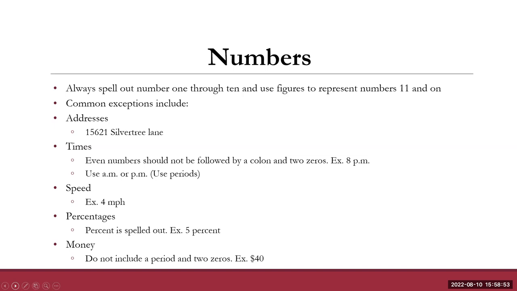And you want to use AM or PM, and remember to use the periods. When you're talking about speed, you're going to write the number. When you're writing about percentages, percent is spelled out. And when you're writing about money, you will not include the period and the 2 zeros.